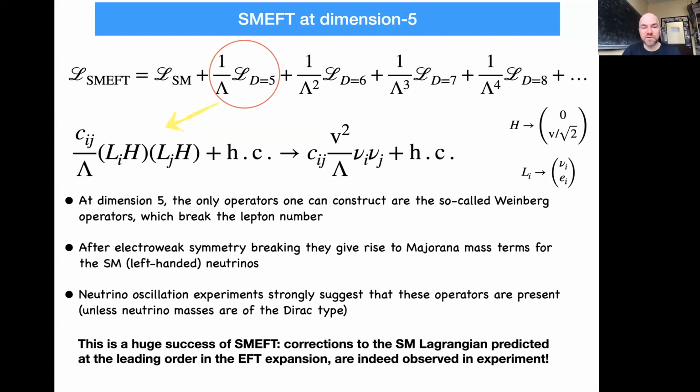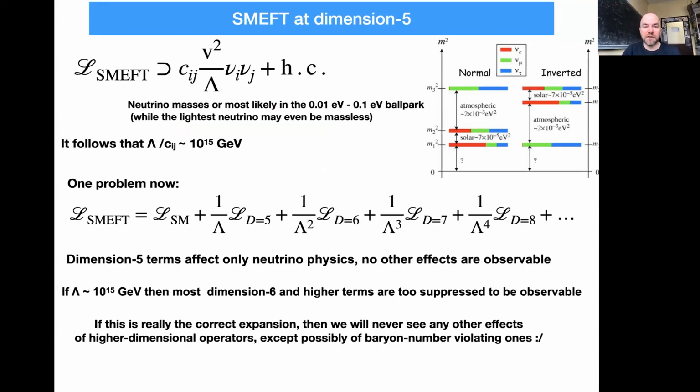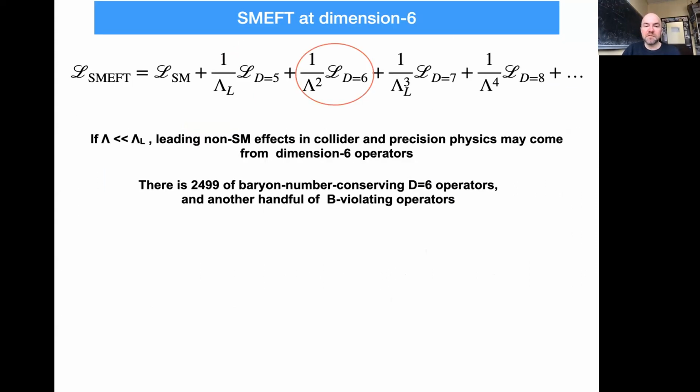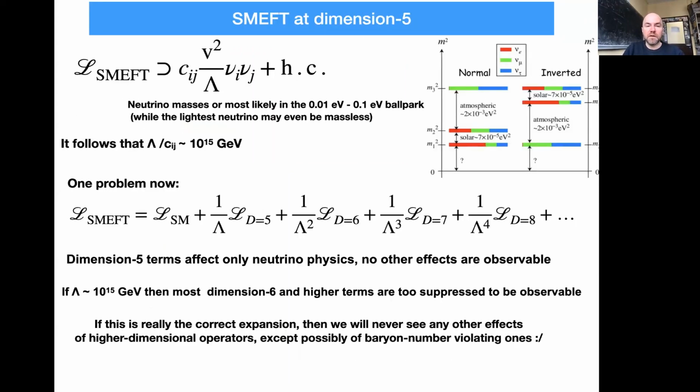But there's another possibility that I was trying to explain. Let's look at this. These interactions at dimension 5 are very special because they violate lepton number.